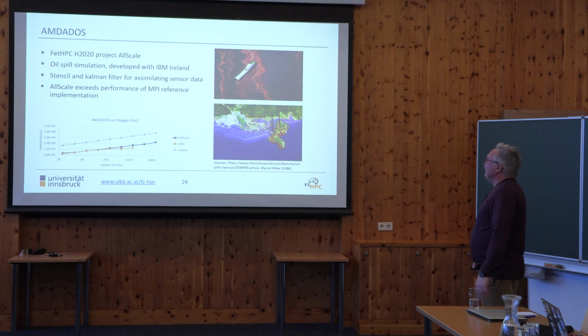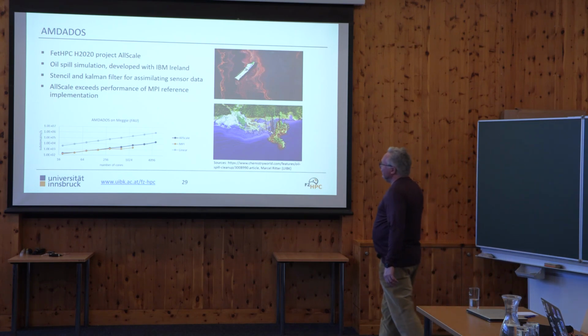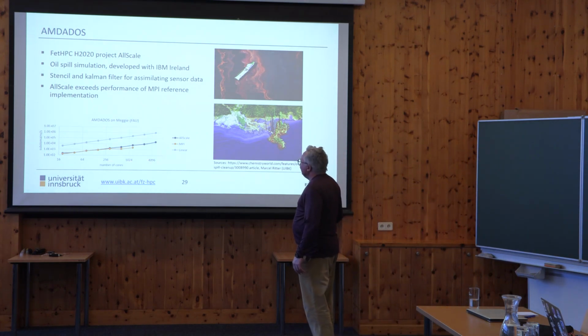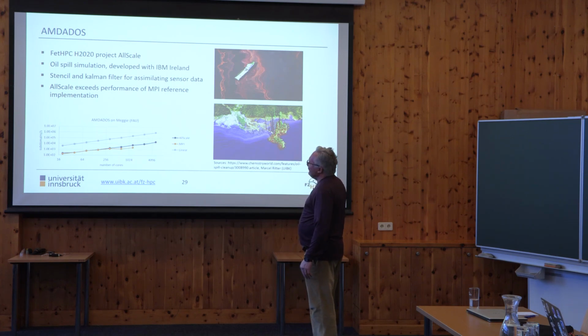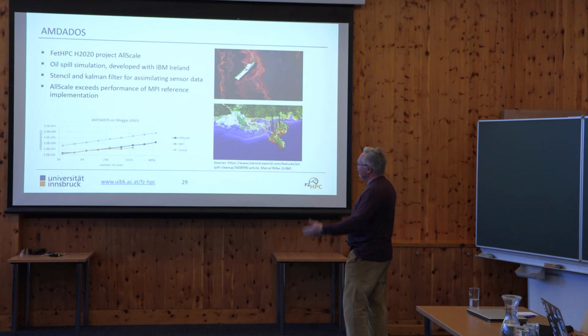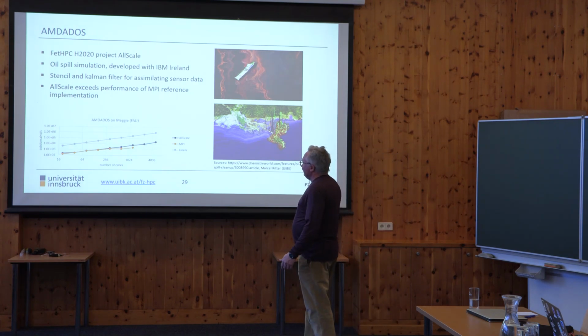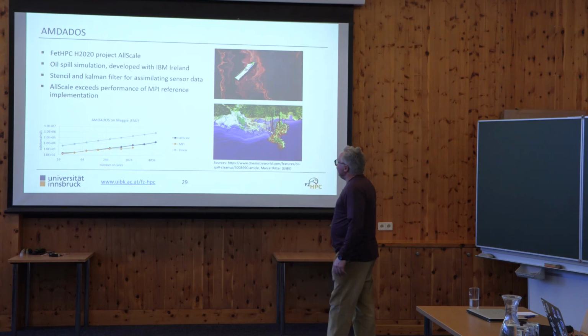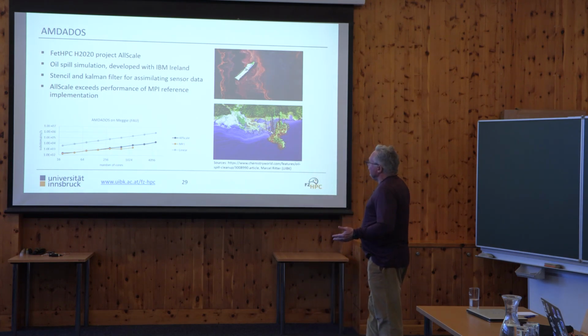So that was not easy to parallelize. And here you see one of the performance diagrams. So on the y-axis you have the number of subdomains that can be simulated per second. Okay, that's our performance metric. Here you increase the number of cores. There was an MPI implementation of that, and the blue line is the AllScale implementation.